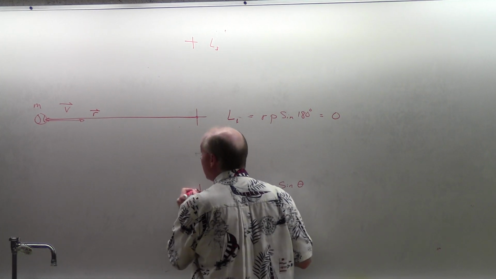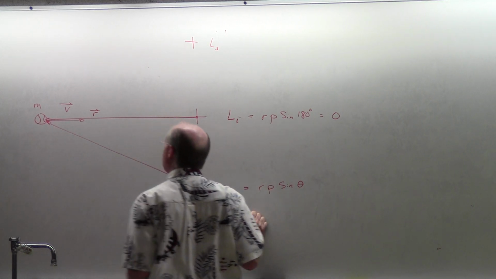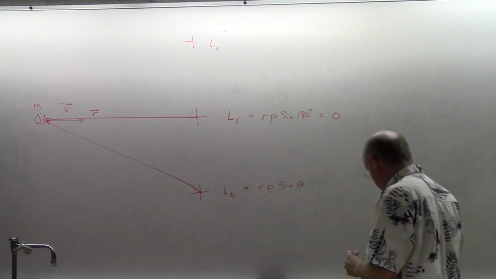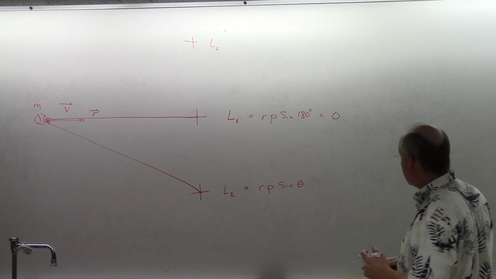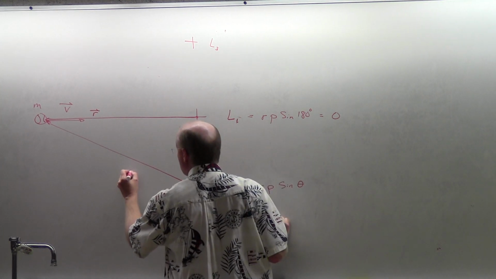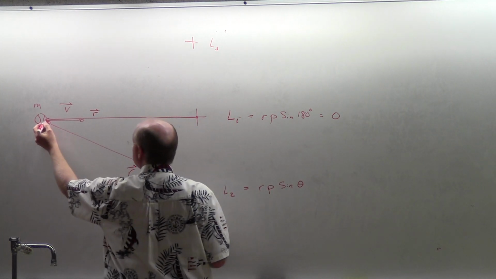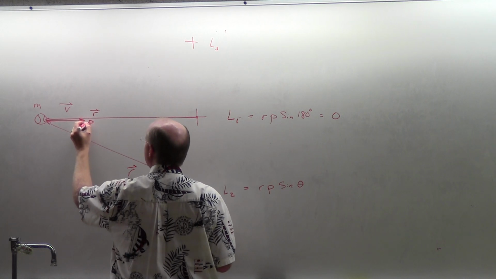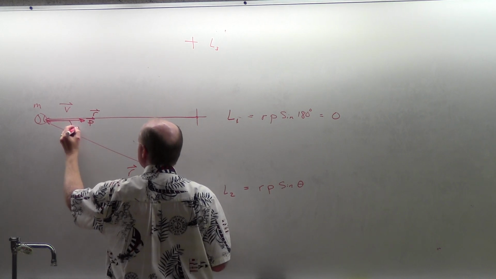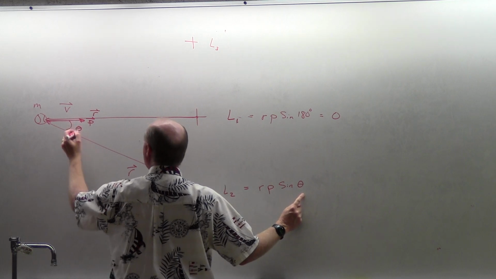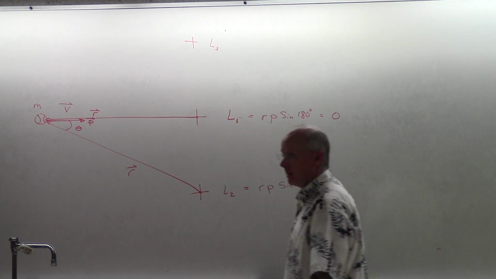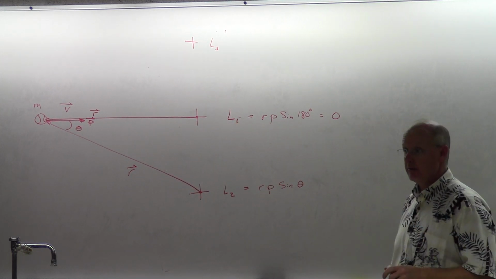And so if I were to draw a line out there, then this would be r. This would still be p. This would be the angle between them. And does that come out to be 0?